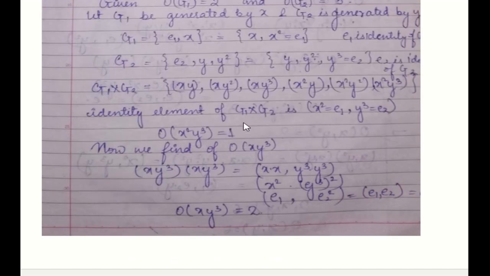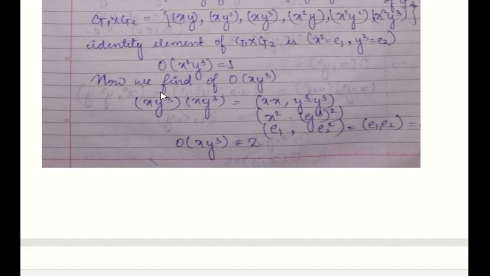The identity element of G1 cross G2 is E1 comma E2, that is X square comma Y cube. And we know that the order of the identity element is always 1. So the order of X square Y cube is 1.